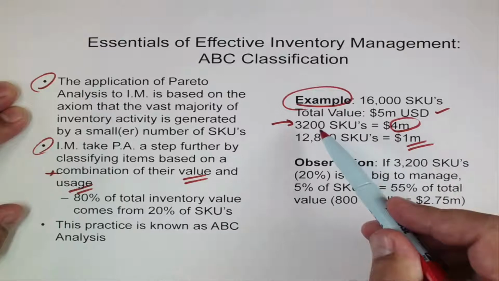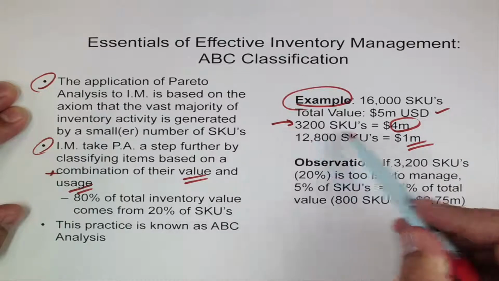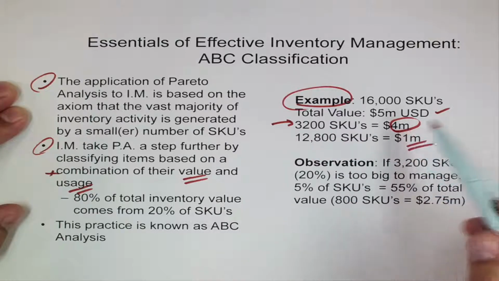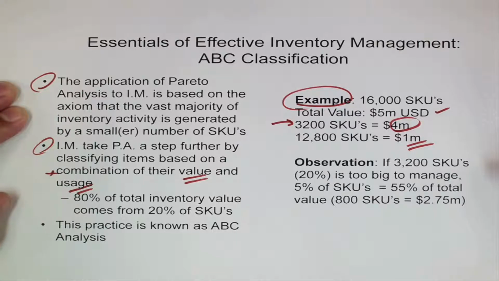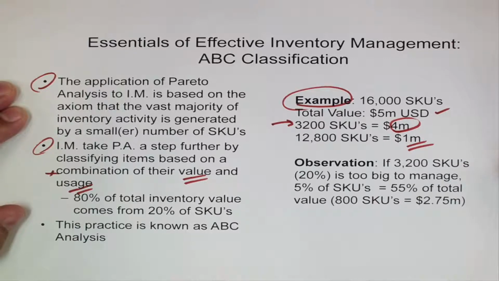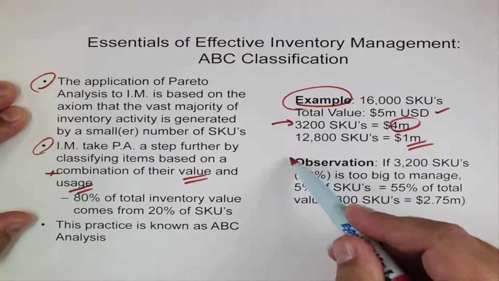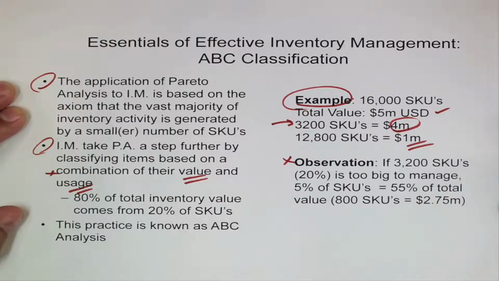That's still a fairly big number, but start with the 3,200 SKUs that represent 80% of the turnover. Chances are we're going to find much of our challenges, or at least characteristics of our challenges, within those 3,200 SKUs.